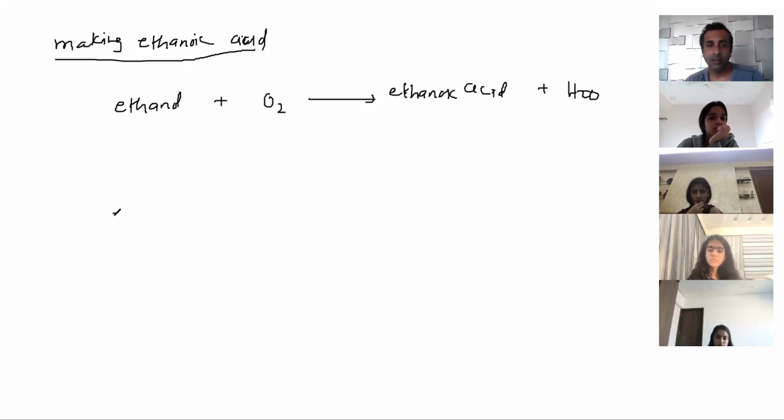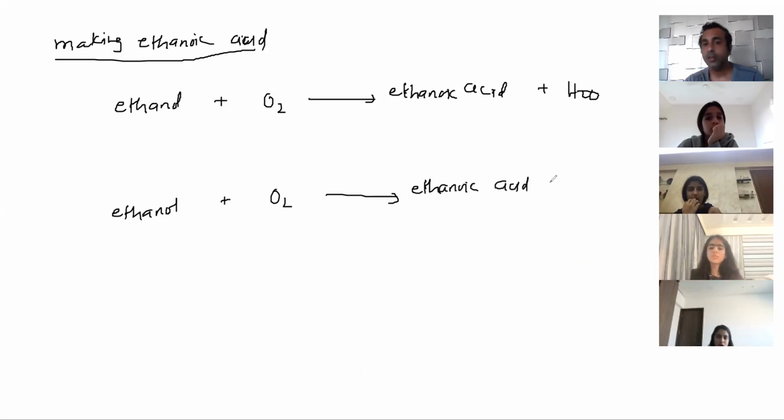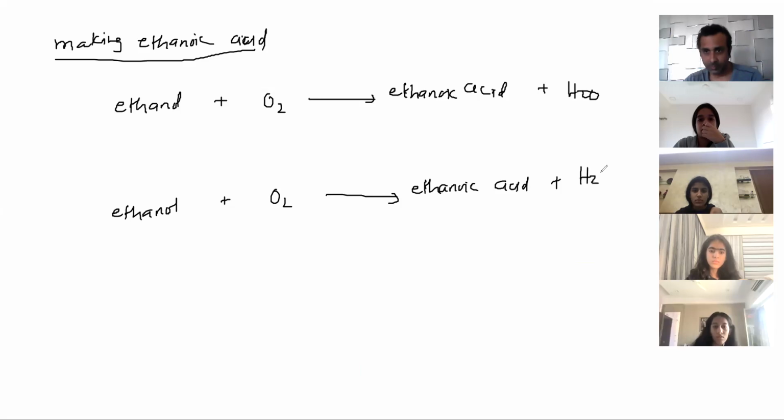Second method: ethanol when oxidized will give you ethanoic acid plus, what should be the second product? Water. Okay. So what's the difference between the two processes?